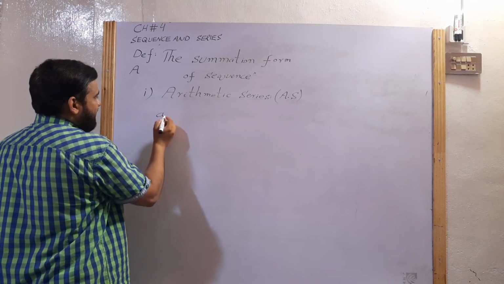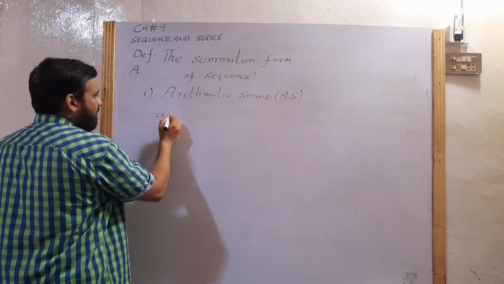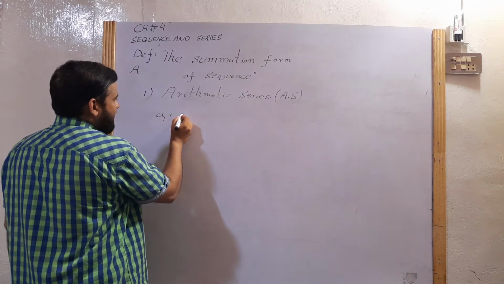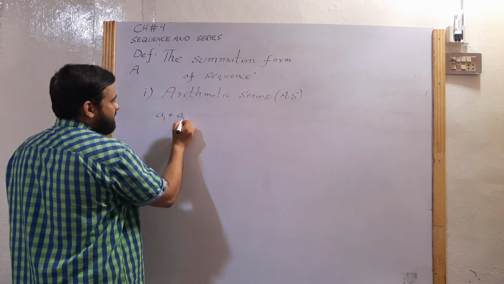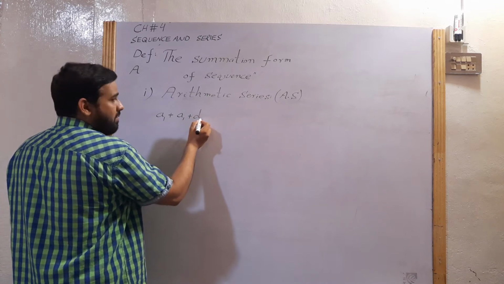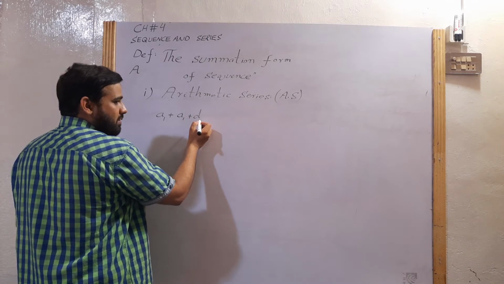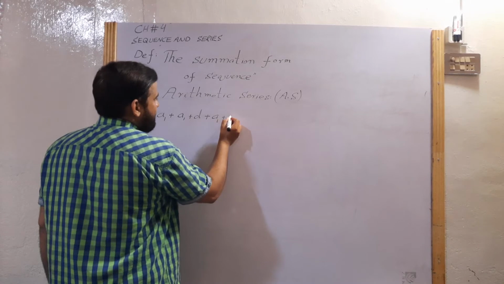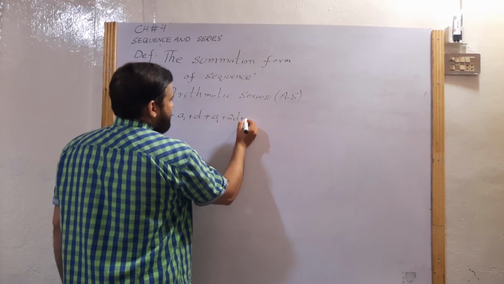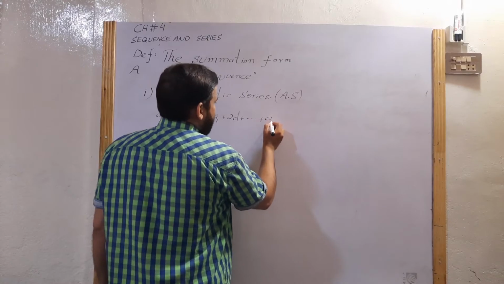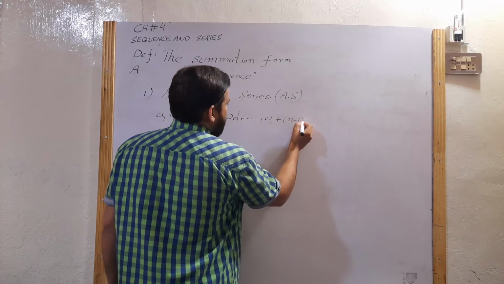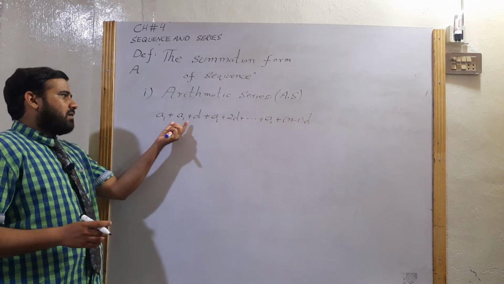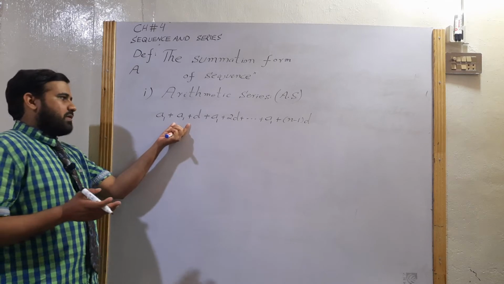The general terms of the arithmetic progression are a1, comma, a1 plus d, comma, a1 plus 2d, and so on, and the last term is a1 plus (n minus 1) into d. For today we will replace the commas by a plus sign. This is called an arithmetic series because it is the summation form of an arithmetic sequence.